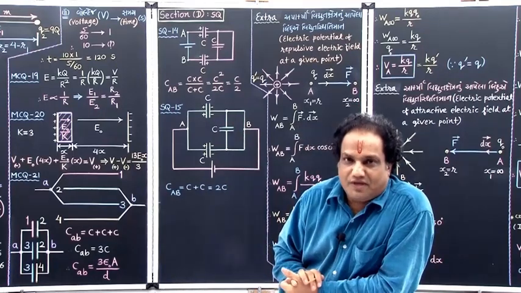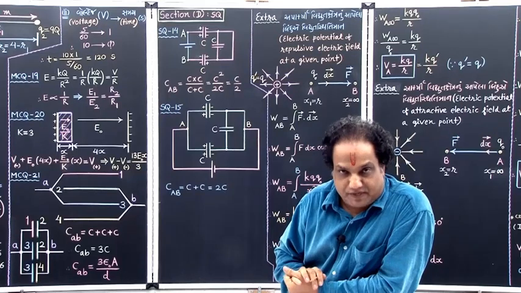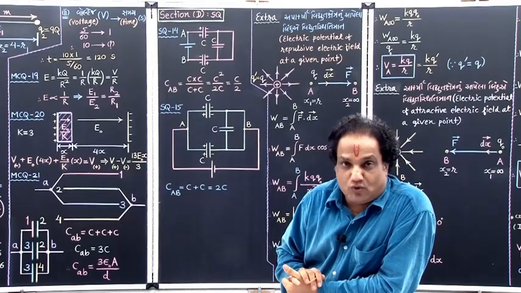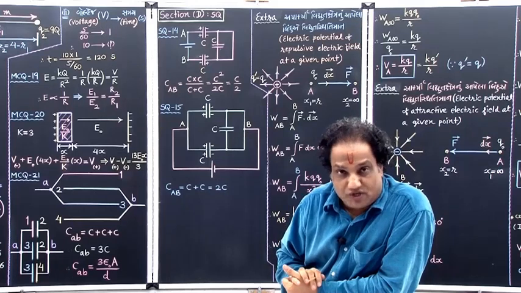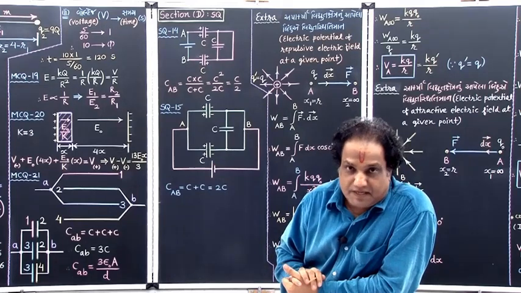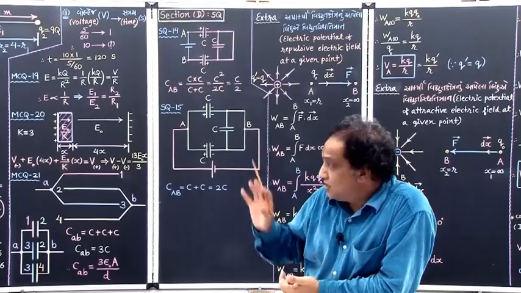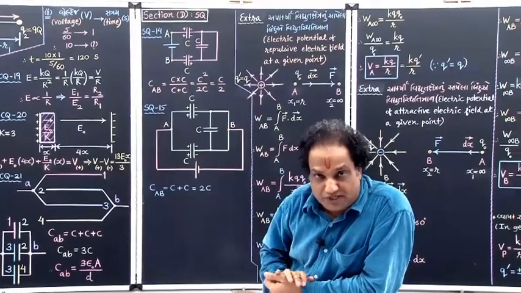Now, if you feel interested in the subject, I would like to make 2 points very clear. Try to understand these 2 extra questions we are going to see just now.